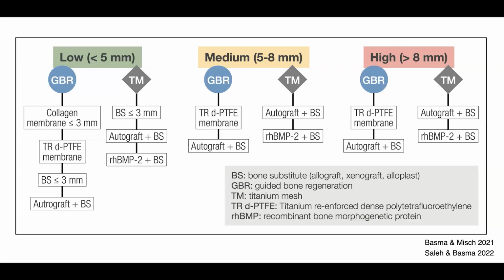Another take on that classification was done twice, actually, by a team from UAB, and later, 1 year later, by a team from Michigan and UAB, which went slightly deeper because they involved the GBR as one type of treatment and titanium mesh as another type of treatment. And then they even gave some recommendations in terms of if you're using biologics or not.